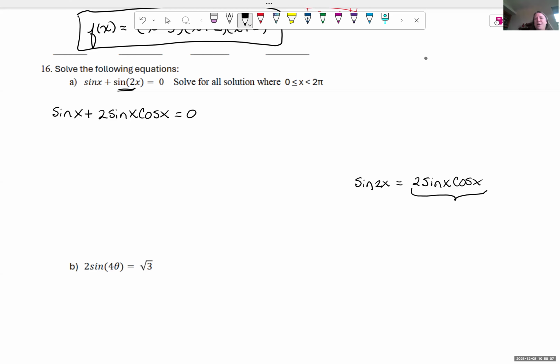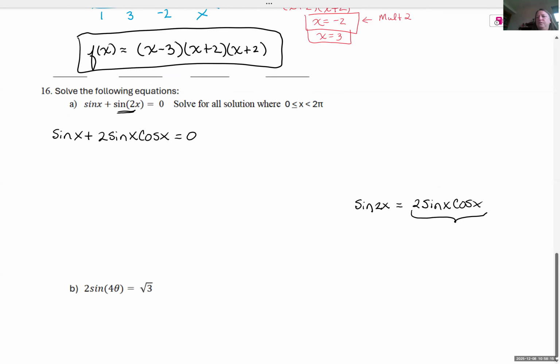There's something in common, and it's set equal to 0. So let's factor out sine x. If I factored out sine x, I would get 1 for the first term plus 2 cosine x for the second term is equal to 0.